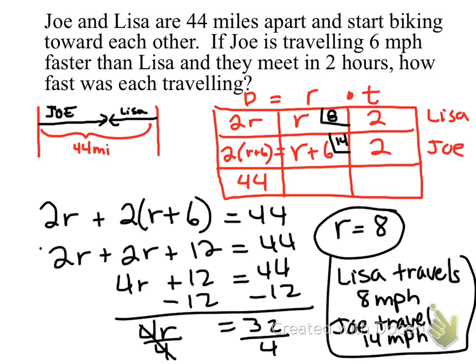That is your answer there. Don't just give me R equals 8 and R plus 6 equals 14. I want to know who it relates to. So it's their speed. Okay, questions?